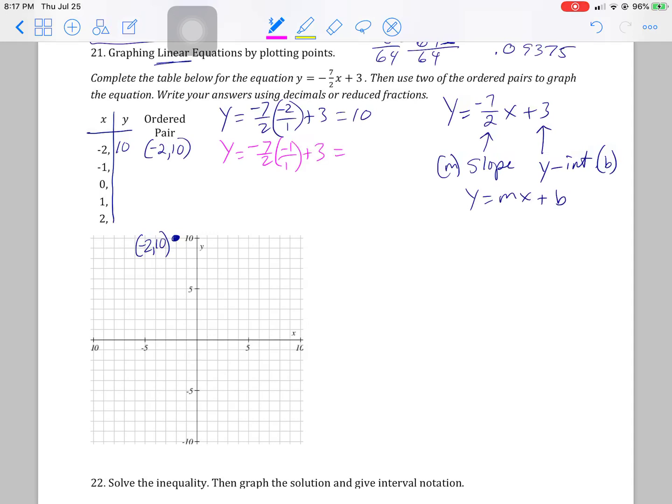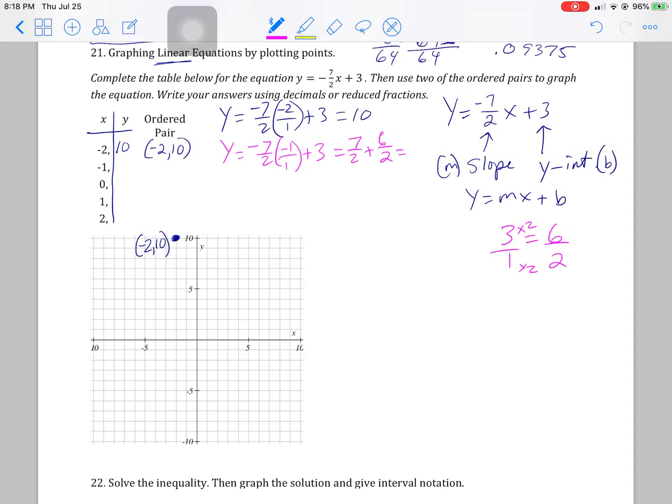So this is -1 times -7/2 is a +7/2 plus 3. Now remember how we need to make a whole number 3 in terms of 2. A whole number 3 in terms of 2 would be a 6/2.